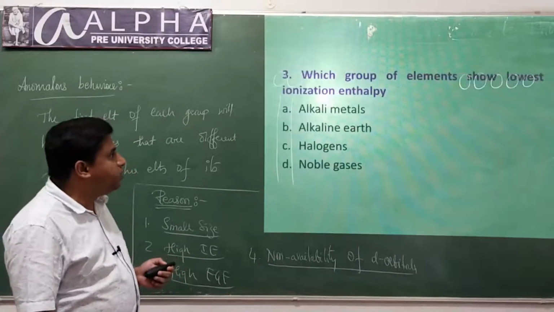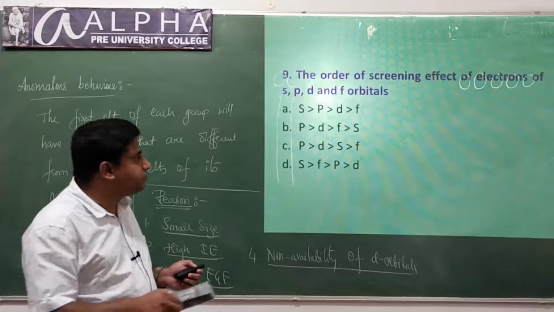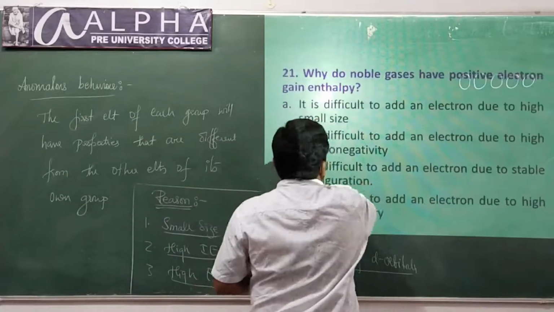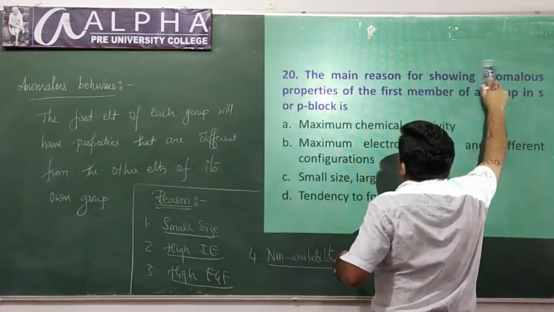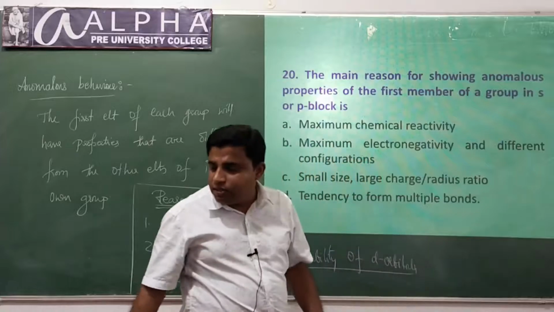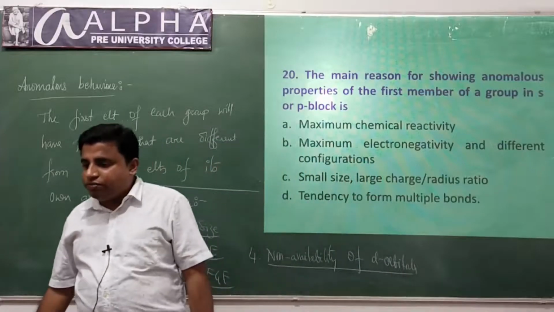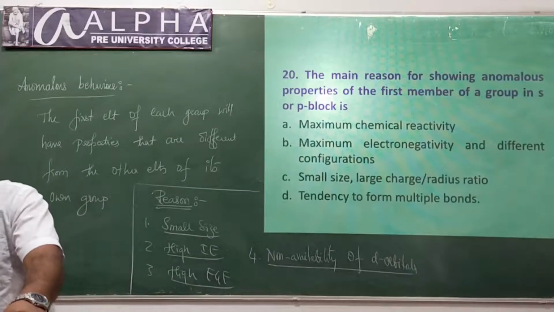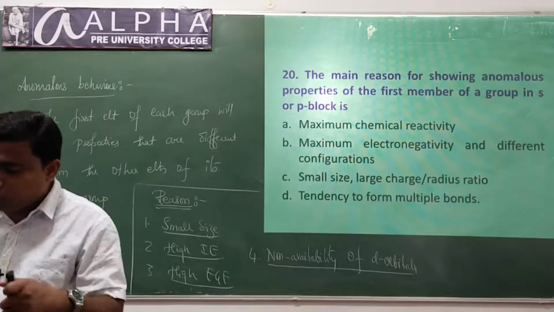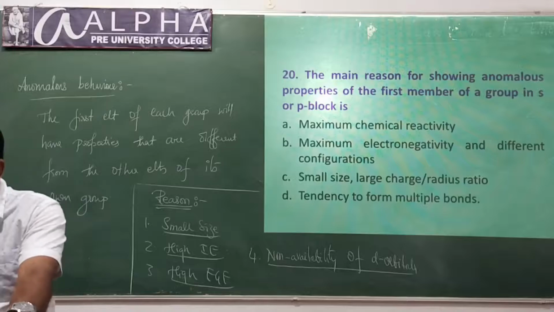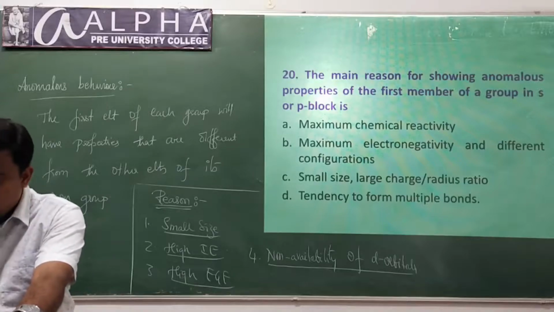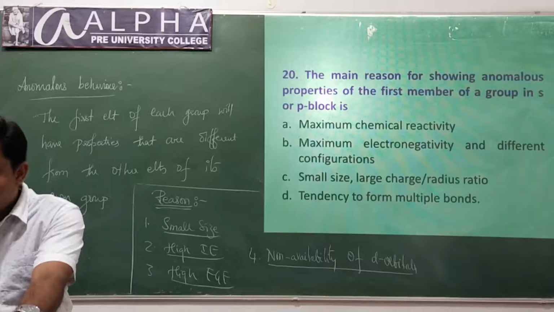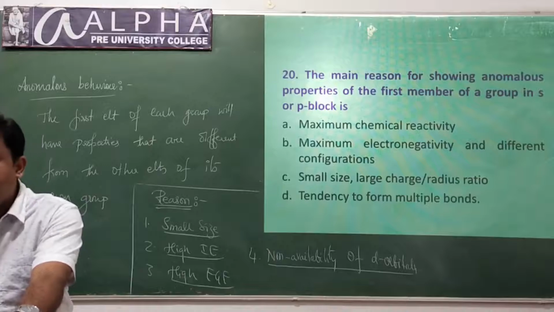Let us go back to the question now. The main reason for showing anomalous properties of the first member of a group in S or P block: is it because of maximum chemical reactivity? No. Is it because of maximum electronegativity and different configuration? No. What is the reason? It is because of small size, high ionization enthalpy, high electron gain enthalpy, and non-availability of d orbitals.